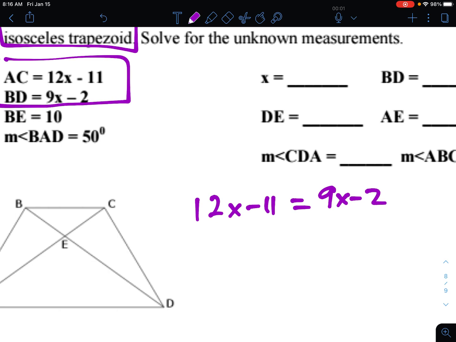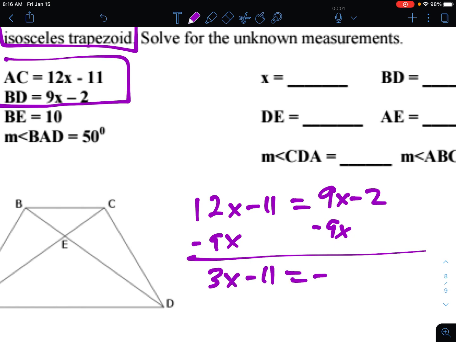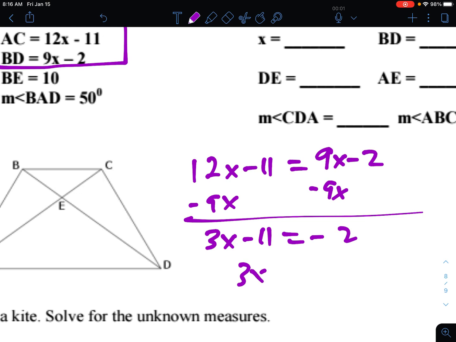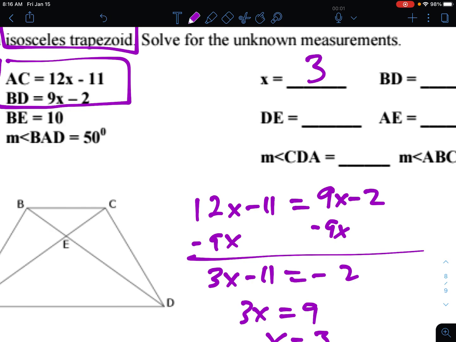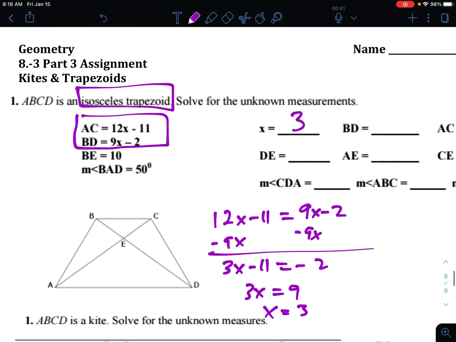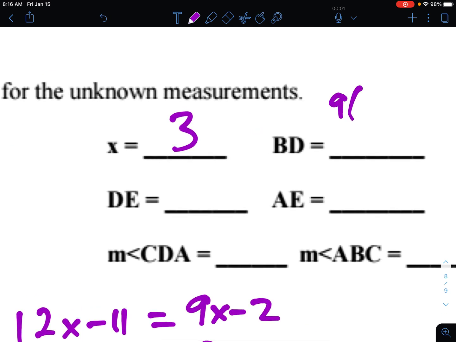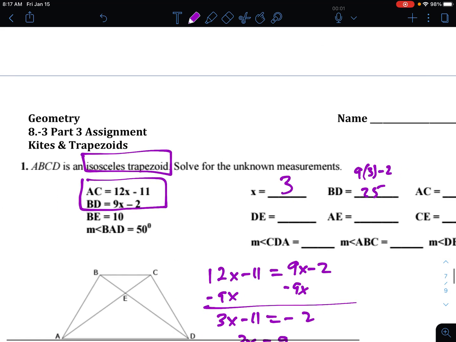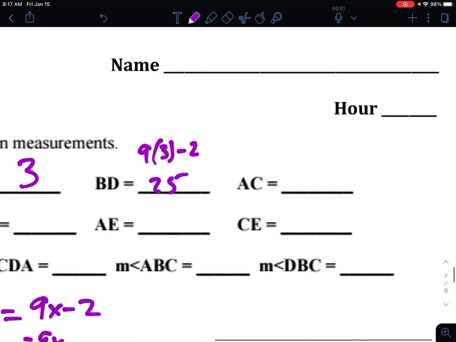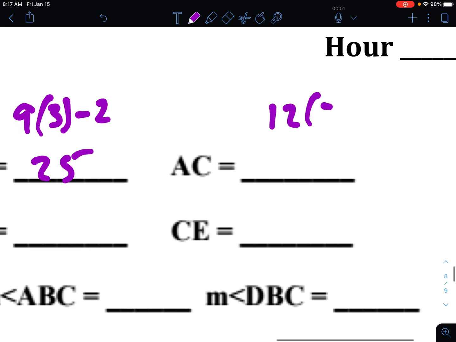Then we solve, subtract 9x. 3x minus 11 equals negative 2. Add 11, 3x equals 9, x equals 3. Now we actually have to find the lengths, not just put 9x minus 2 in there. BD is 9 times 3 minus 2, which is 25. And hopefully we get the same thing: 12 times 3 is 36, minus 11 is 25.